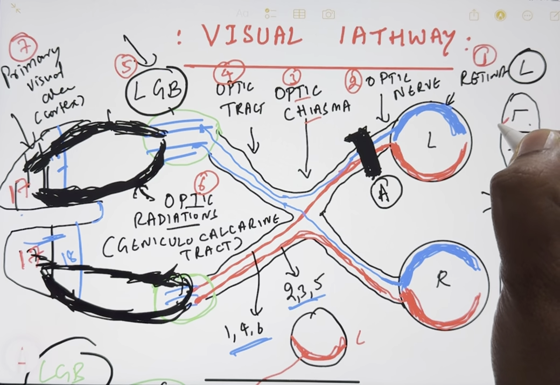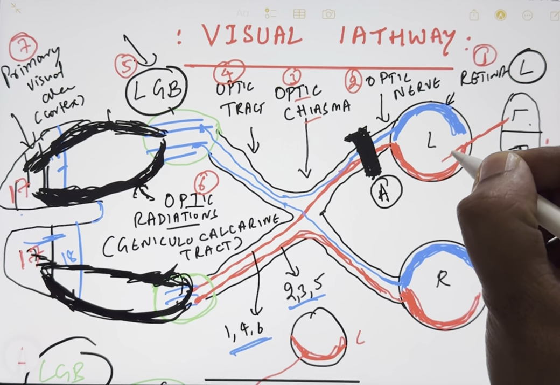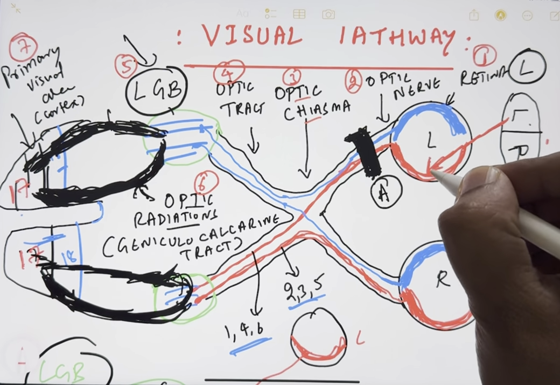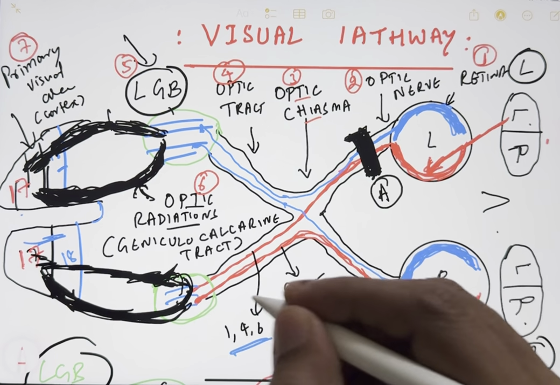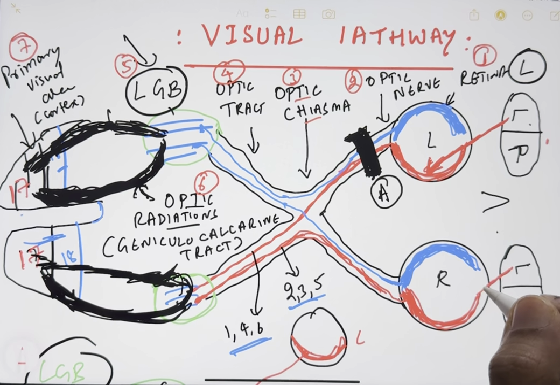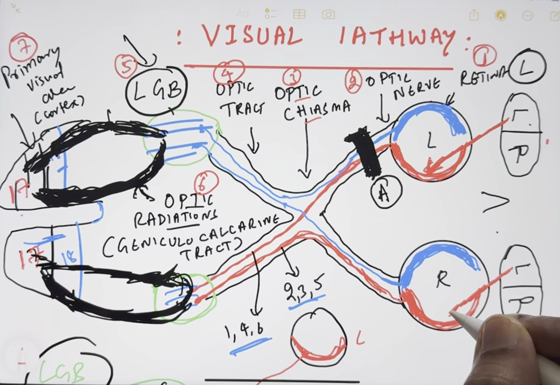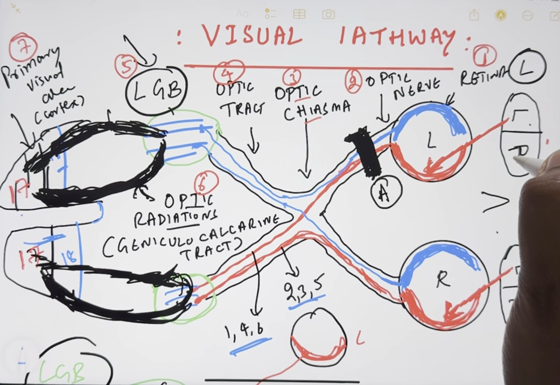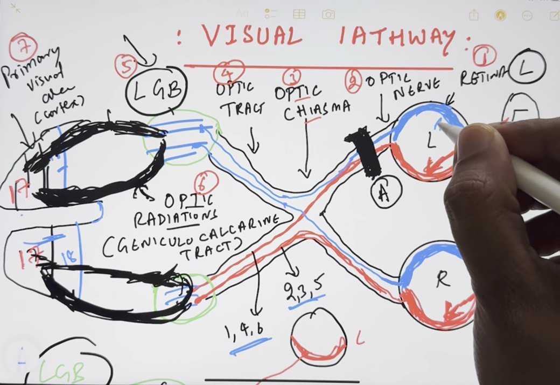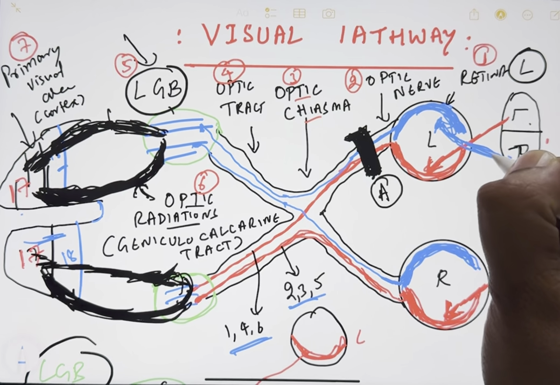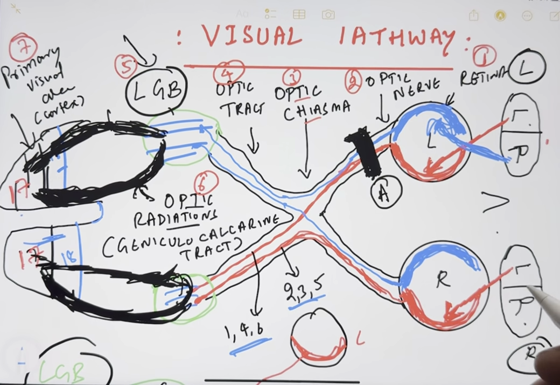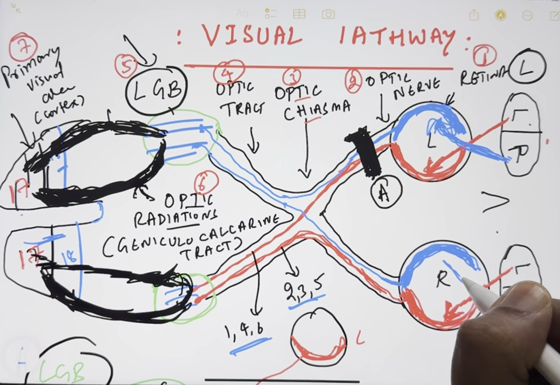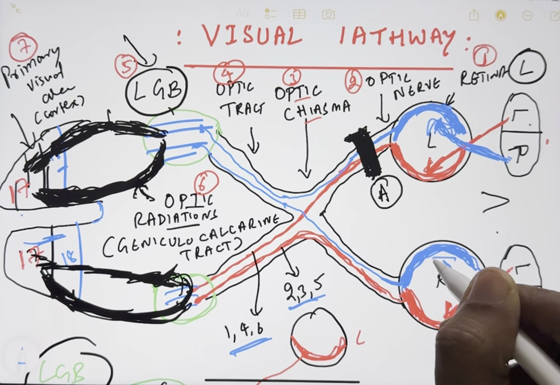So, from this left part, the light rays will come and converge on the right part of the retina, and similarly here also, the light rays from the left part of the visual field will converge on the right part of the retina. Similarly, the right part of the visual field will terminate on the left part of the retina.